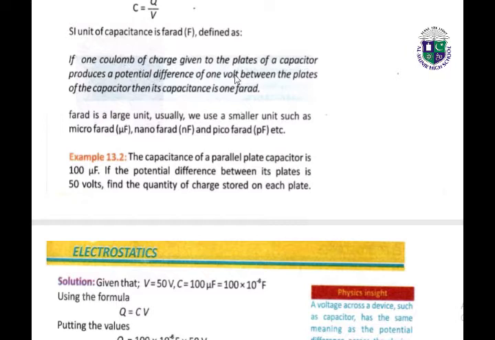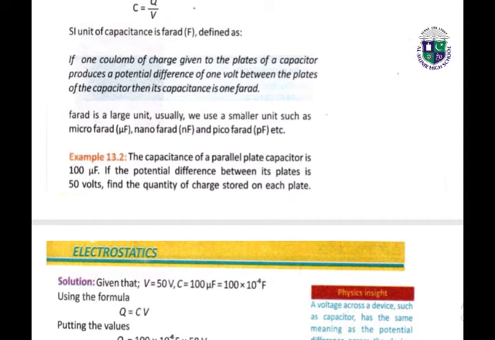It means that if 1 coulomb of charge given to the plates of a capacitor produces a potential difference of 1 volt, then its capacitance is 1 farad. Farad is a large unit. Usually we use smaller units such as microfarad, nanofarad and picofarad.